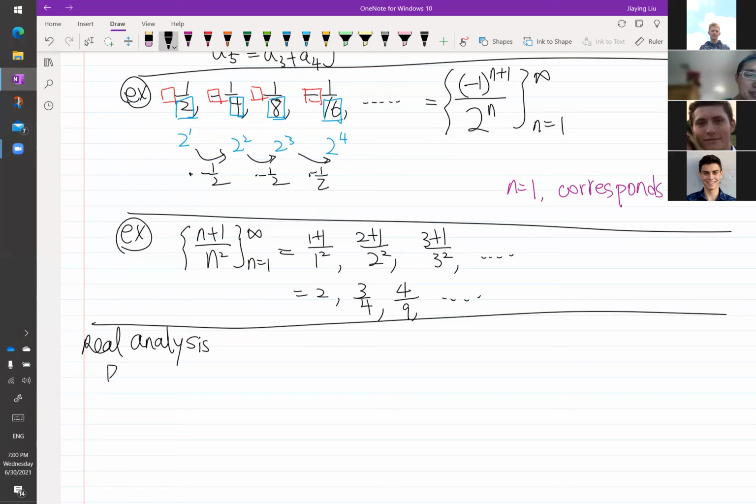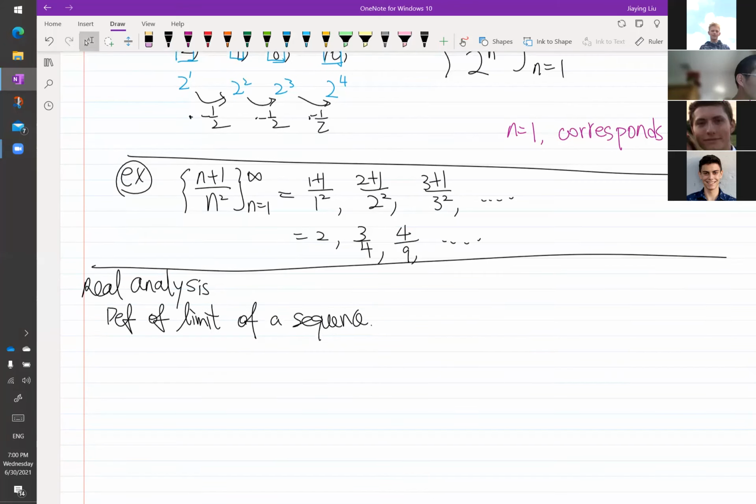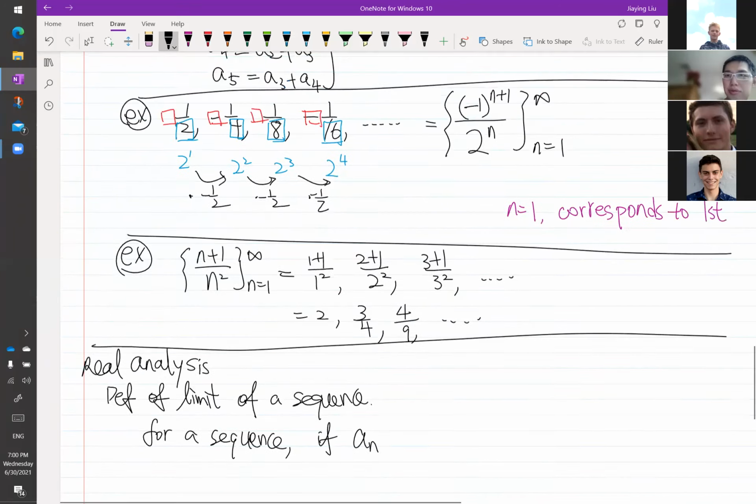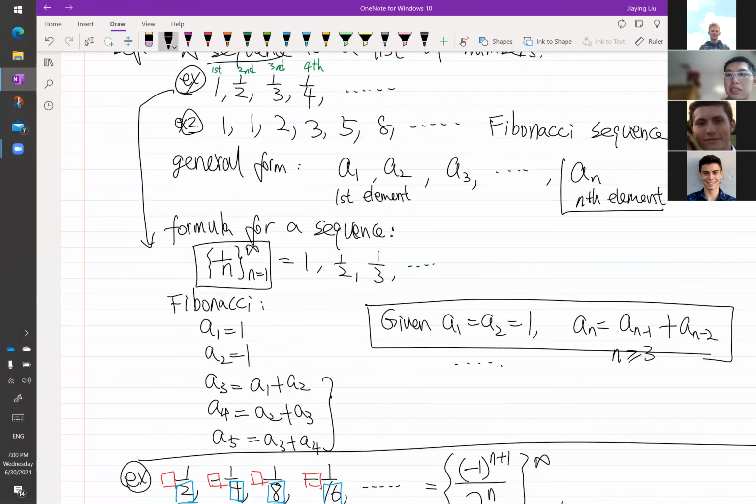So for limits, remember we talked about limits before, right? When we have a function, we can talk about limits, but for a sequence, we can also talk about limits. So definition of limits of a sequence. For a sequence, if an means the nth element, if you remember that earlier, so an is the nth element, right?